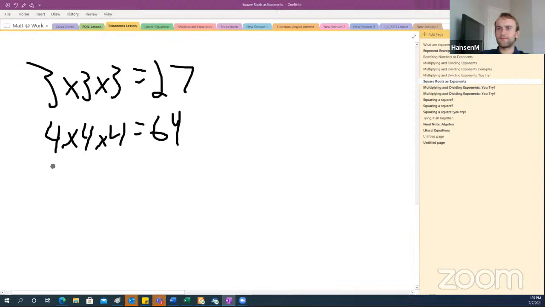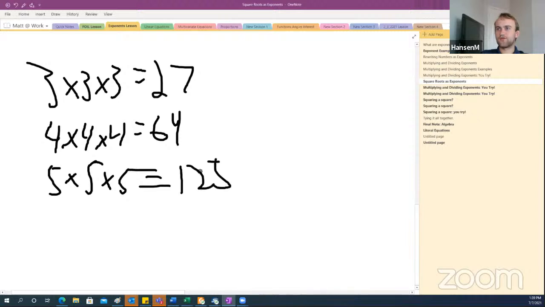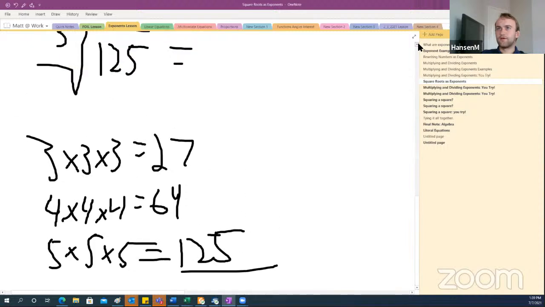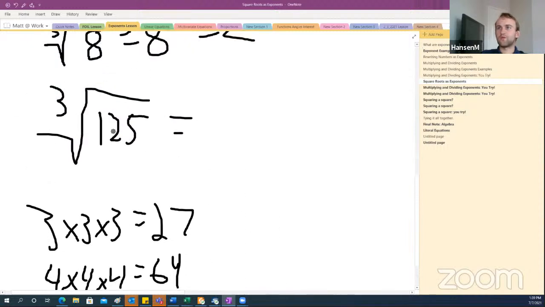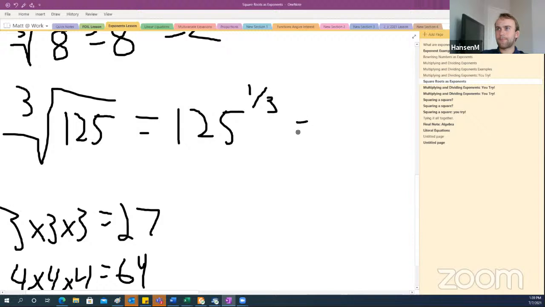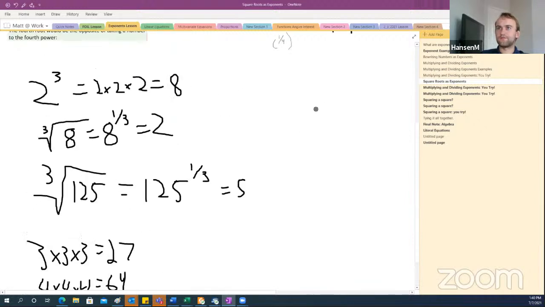Still not quite big enough. So let's do 5 times 5 times 5. That gives us our answer of 125. So that means whenever we evaluate the cubed root of 125, or 125 to the 1/3 power, that is equal to 5.